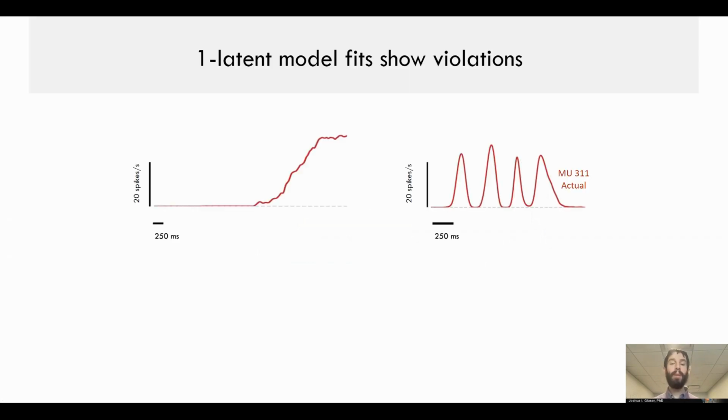And so now let me show you what the model fits look like. First I'll show you when we fit to individual conditions, not to both the slow ramp and the 3 Hertz together. When we fit to these individual conditions on the left and the right, we get these exceptionally good model fits.